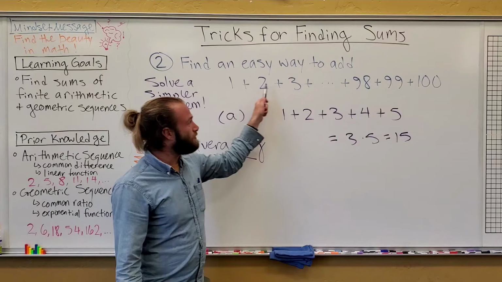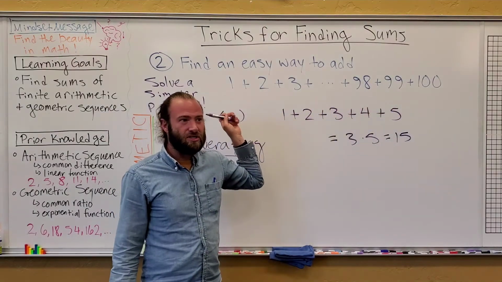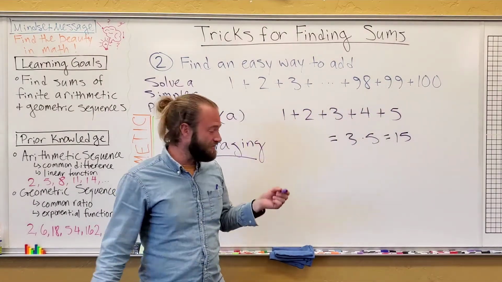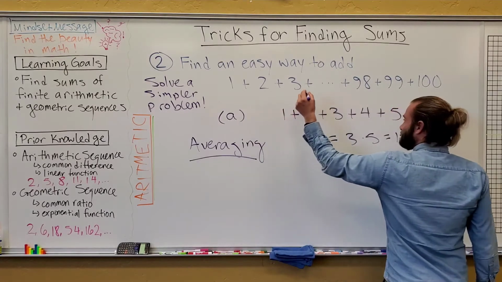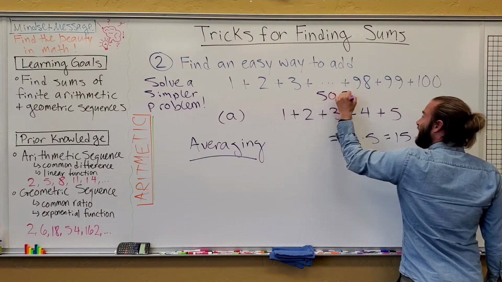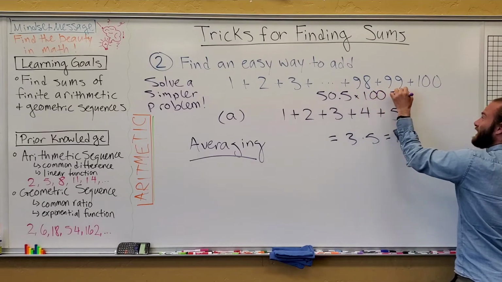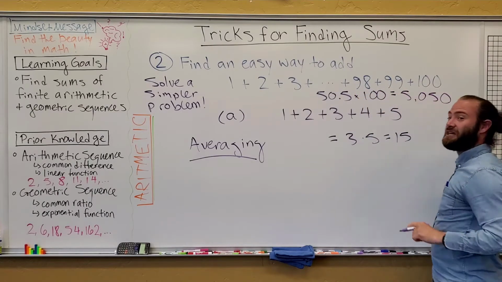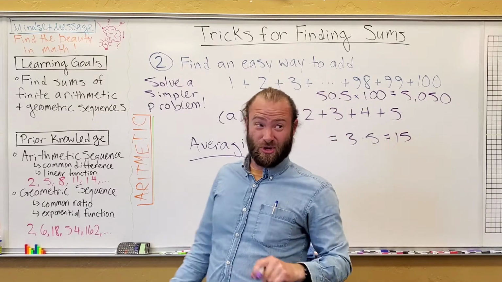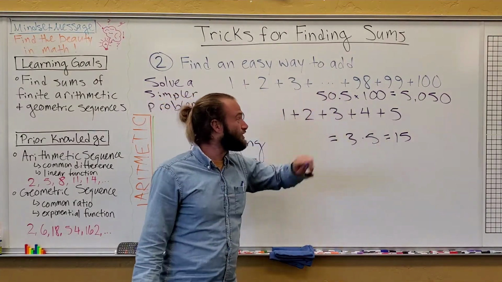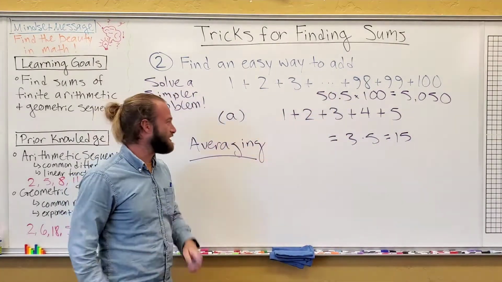So if we redistributed all of these numbers, you'd essentially have 100 copies of 50.5. If 50.5 is my average and we multiply it by 100, then we get 5,050. And again, you could go back if you so choose to confirm that that sum really is 5,050.